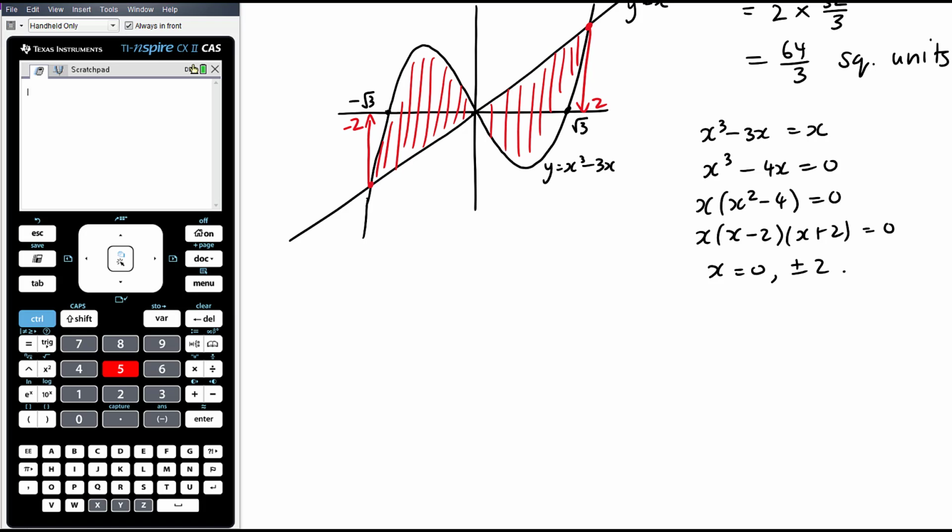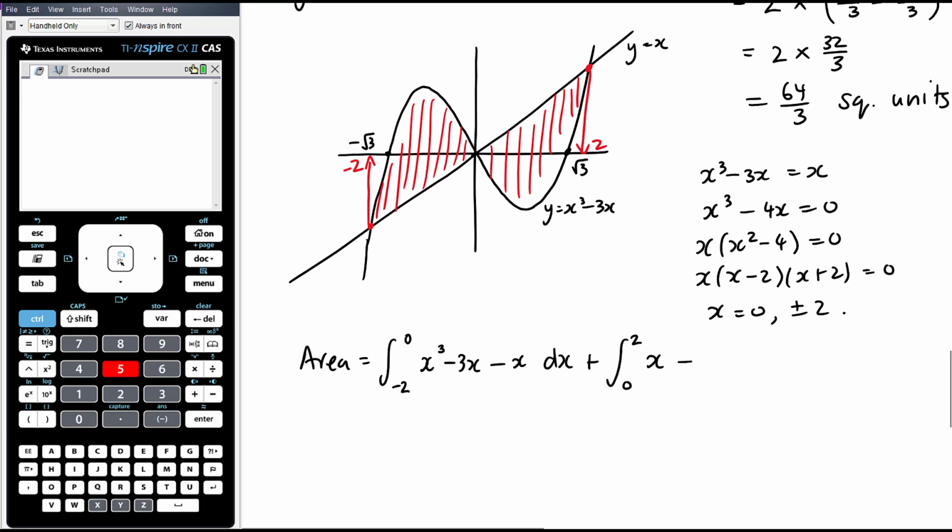So we could find the area by doing the integral from negative 2 to 0 of the top function, which would be x cubed minus 3x, take away the bottom function, plus then the integral from 0 to 2 of the top function, which is x, take away. Now be careful when you're subtracting this bottom function because it's got more than one term, so you need brackets there so that you do end up with the minus minus.